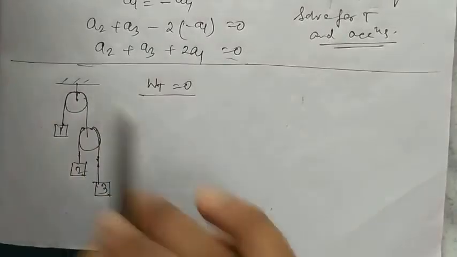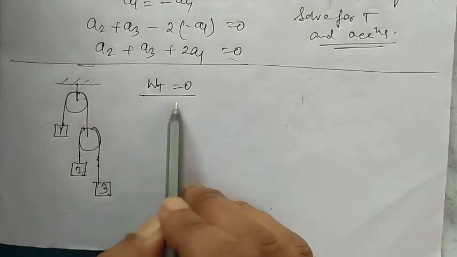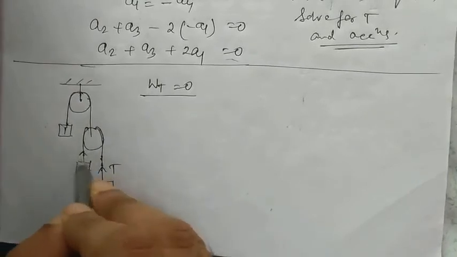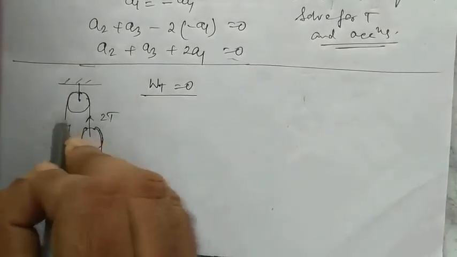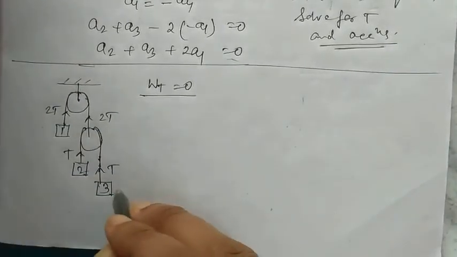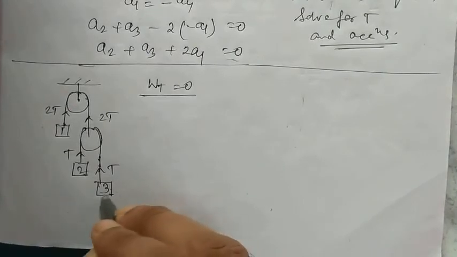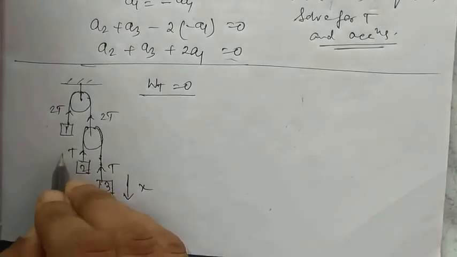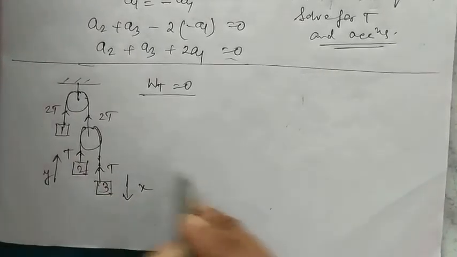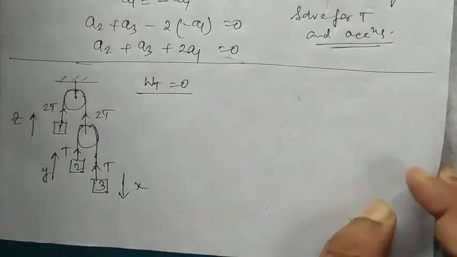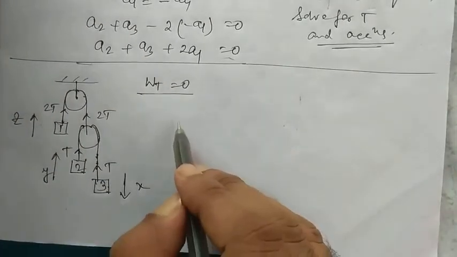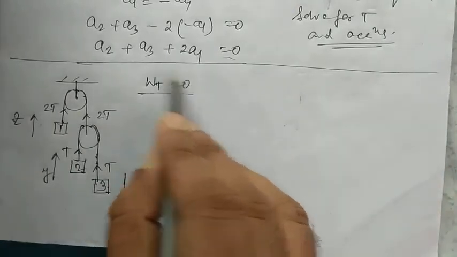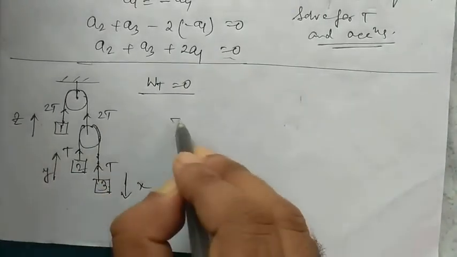Now the same problem we are going to handle with the work tension principle. So this was T, T, 2T, 2T. Now if the block of mass 3 kg moves down by distance x, suppose this moves up by distance y, and this also moves up by distance z, we can write the relation between x, y and z according to the work theory. This is the tension force, so T into x.